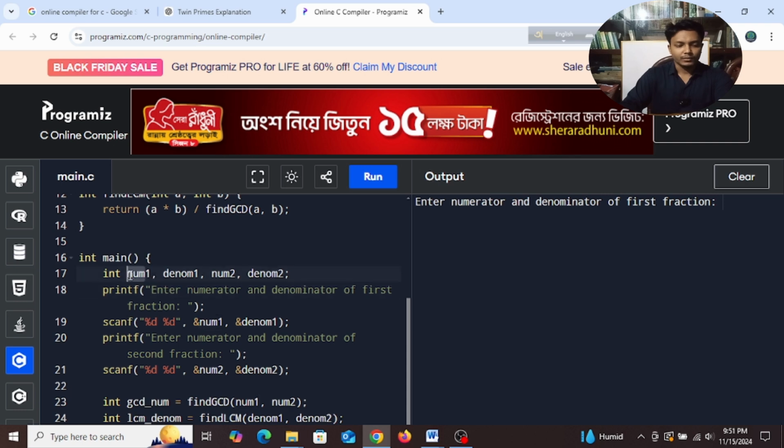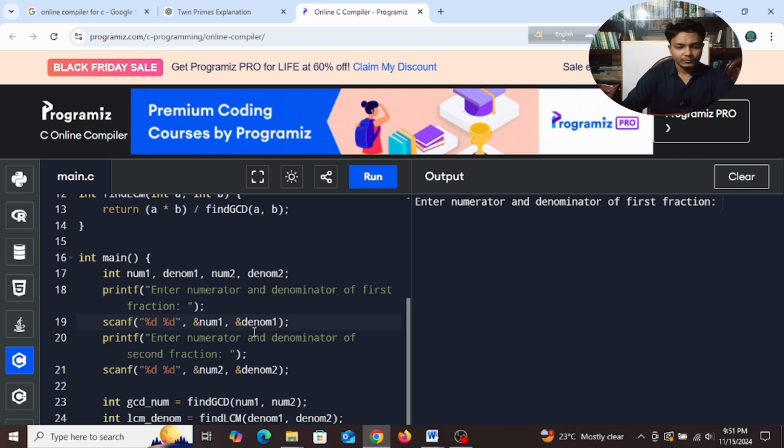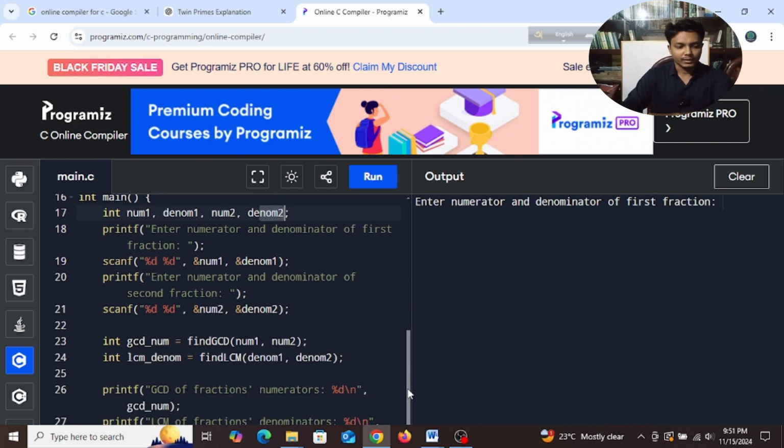So number 1 would be the numerator, and this would be the denominator, 12. Whatever you input will be stored in these variables. The same process applies for the second fraction: number 2 and denominator 2, numerator and denominator.